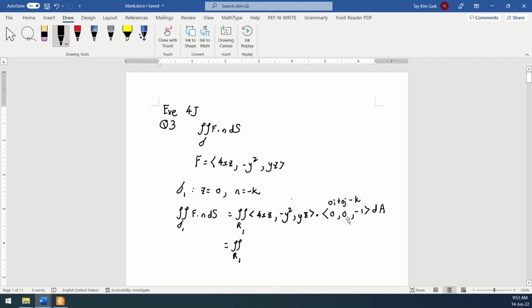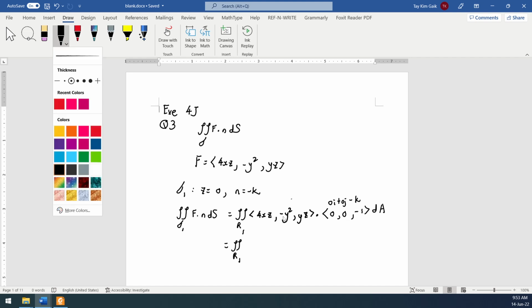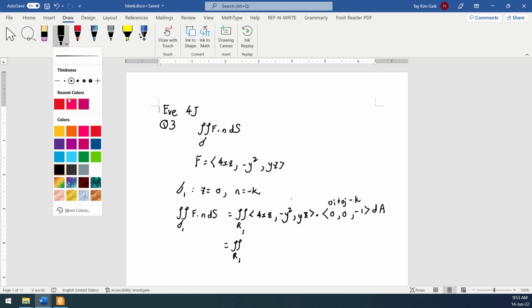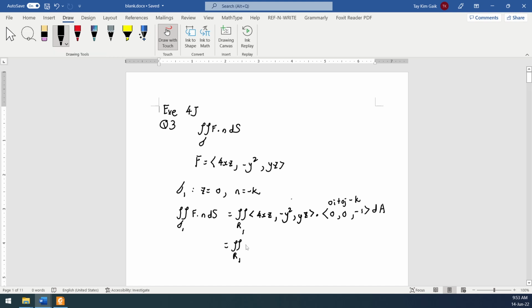Components i and j are 0, so you are just left with component k, which gives negative yz dA.